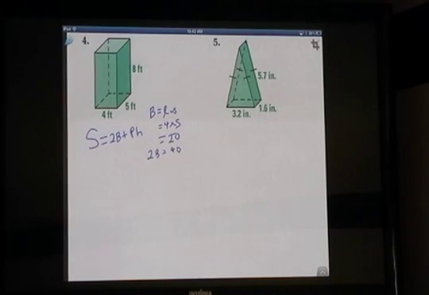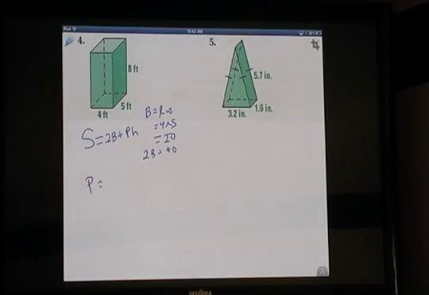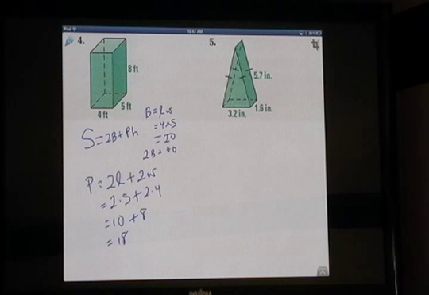Alright, now perimeter is 2 lengths plus 2 widths, and I've always told you length is really the longer number. 2 times 5 plus 2 times 4, it's not going to matter, but that's 10, plus 2 times 4 is 8, or 18. So we're going to do 2 bases plus the perimeter times the height.